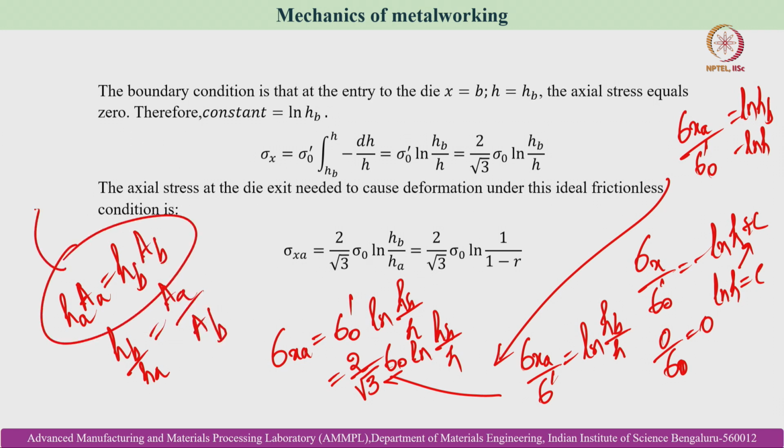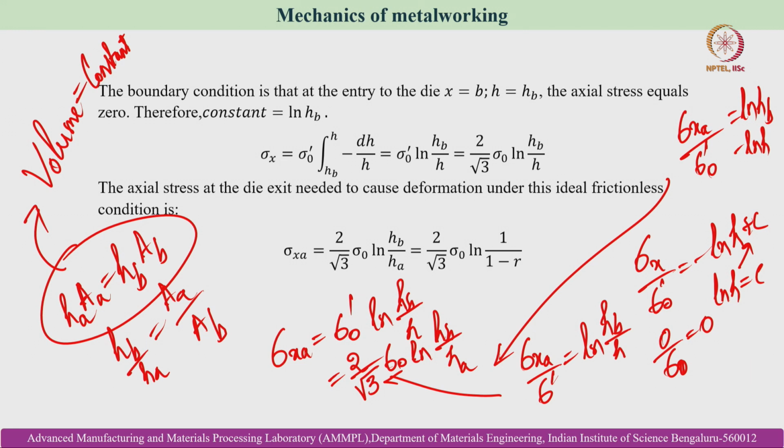Because the volume remains constant. So, volume is equal to constant in the deformation process. That is why h b by h a is equal to A a by A b. Now we know from this expression, as discussed in the earlier class, that the ratio between the initial area and the final area governs the reduction ratio, that is R.